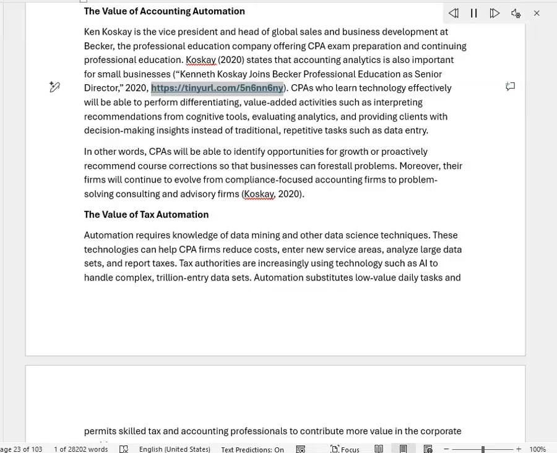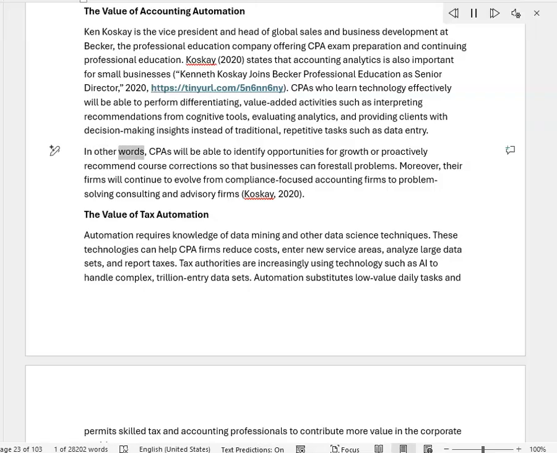CPAs who learn technology effectively will be able to perform differentiating, value-added activities such as interpreting recommendations from cognitive tools, evaluating analytics, and providing clients with decision-making insights instead of traditional, repetitive tasks such as data entry.